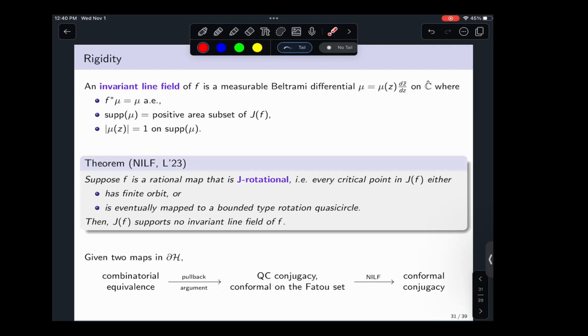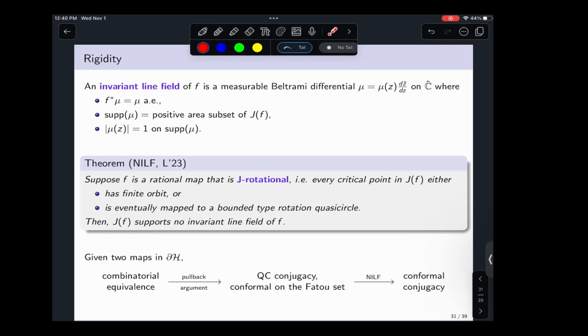The pullback argument basically allows me to do the following. From combinatorial equivalence, you can start with a QC map that conjugates the two maps on some subset of the sphere. And then by combinatorial equivalence, I can lift this QC map into another QC map that will now be a conjugacy on a larger subset of the sphere.